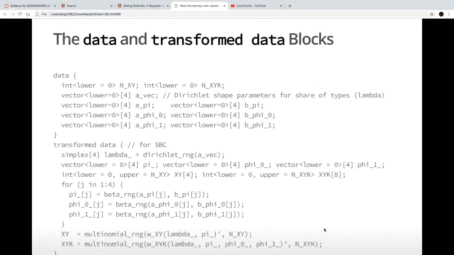Okay, so what are the data and transformed data blocks? In the data block, when I'm doing simulation-based calibration, I only want to pass in the exogenous knowns, not the endogenous knowns, because I'm going to generate the endogenous knowns in the transformed data before I actually collect data on them.